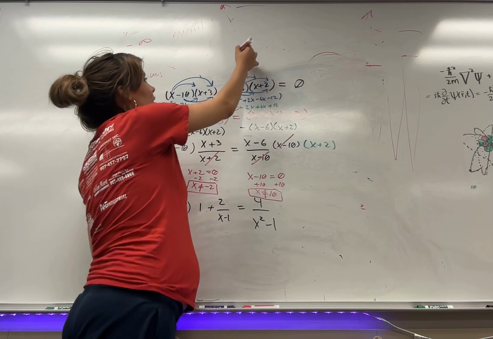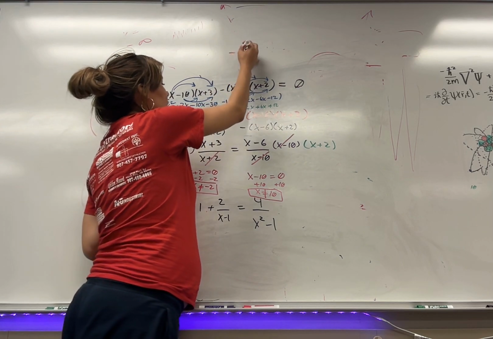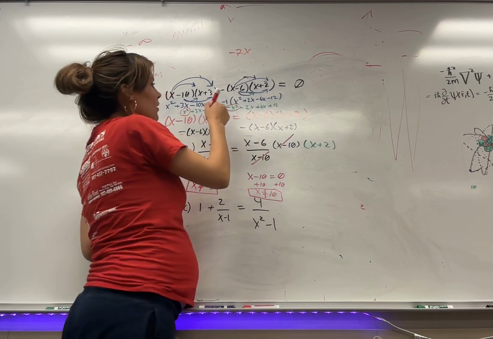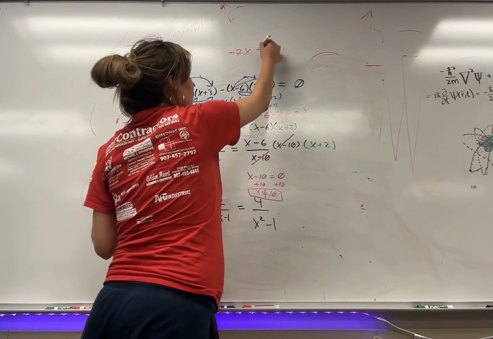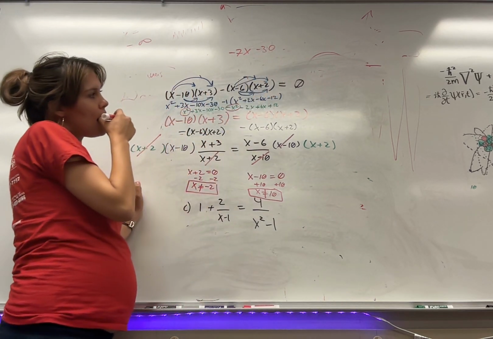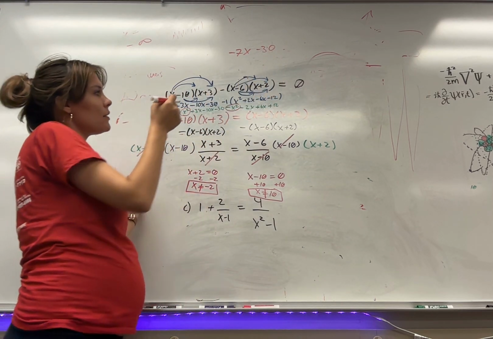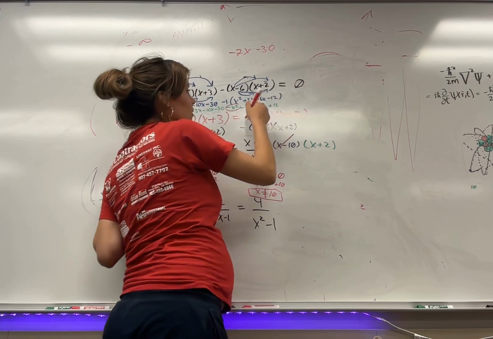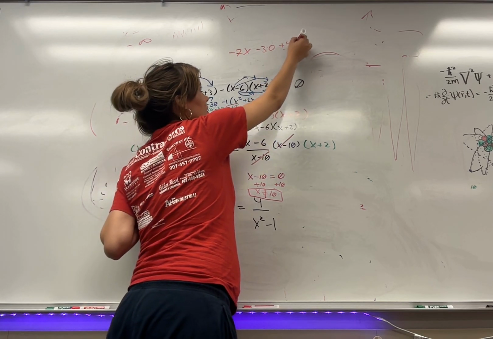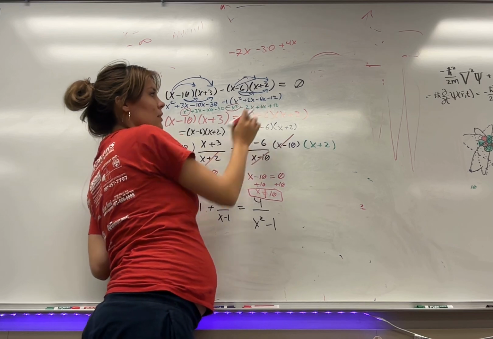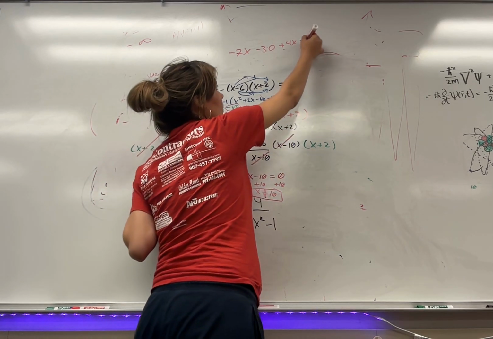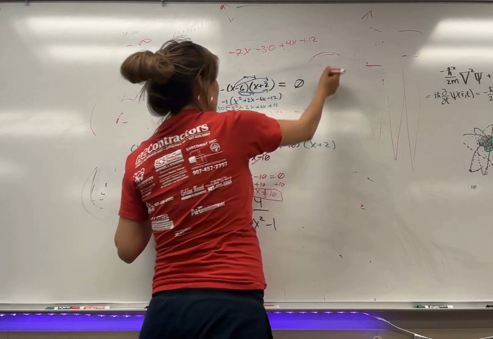This is negative 7x minus 30 plus 4x. Because if we add negative 2x plus 6x, that becomes 4x, plus 12.